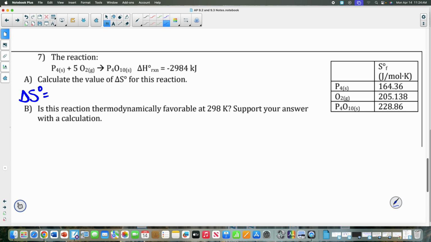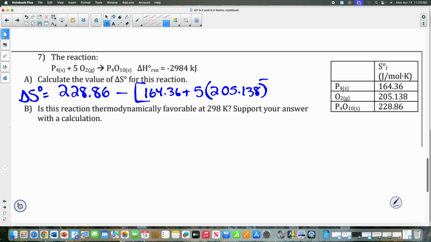Okay, so P4O10 minus P4 plus 5 O2s. Why 3 decimal places?